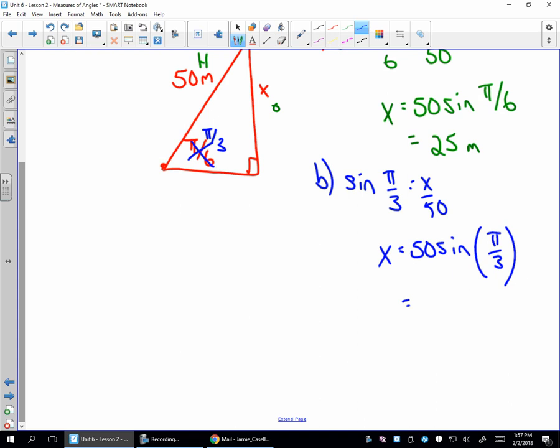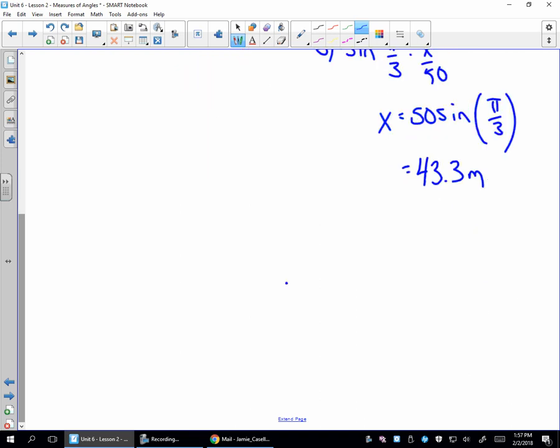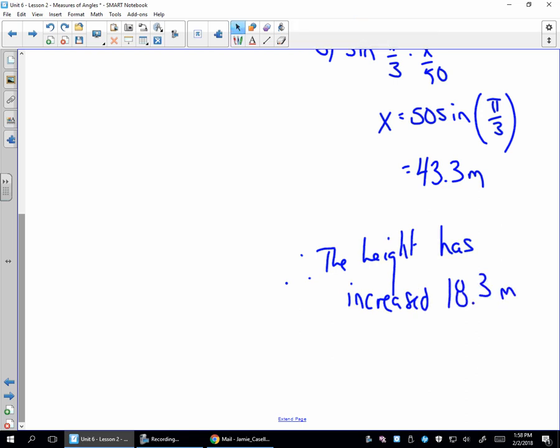We get an answer of 43.3. How has the height changed? Well, the height has increased. It went from 25 to 43.3, so 18.3 meters.